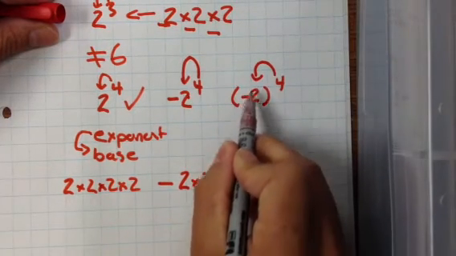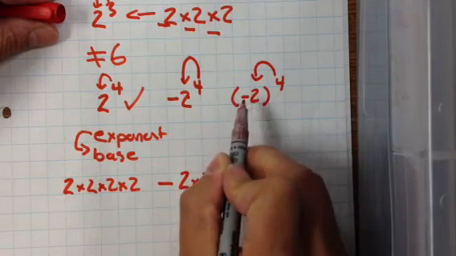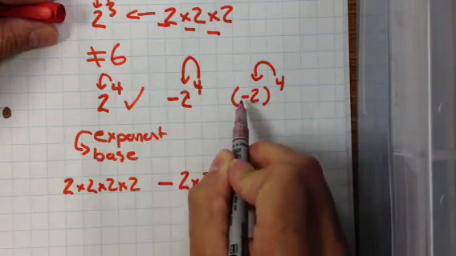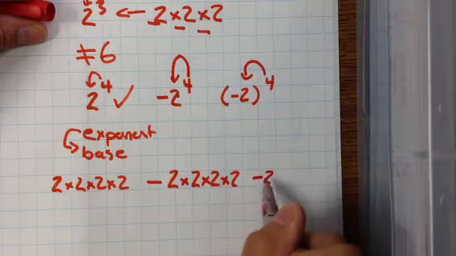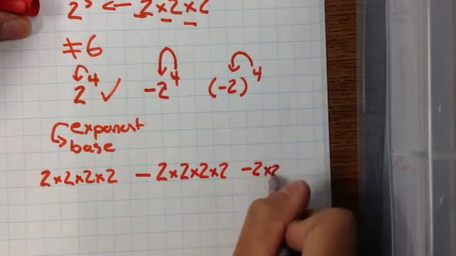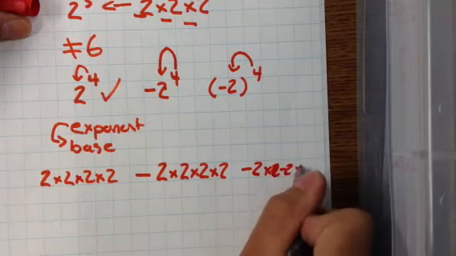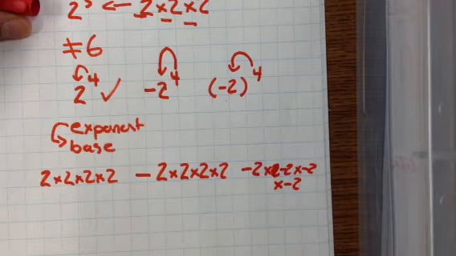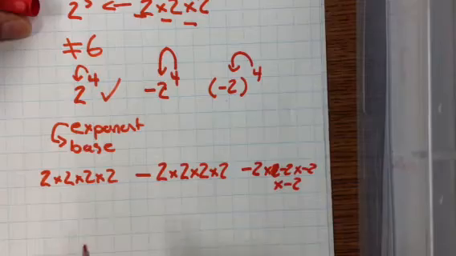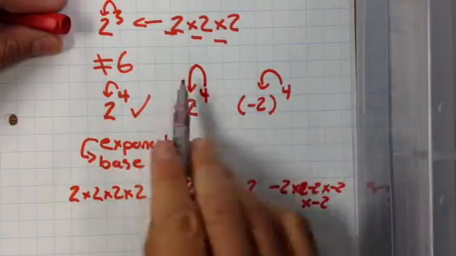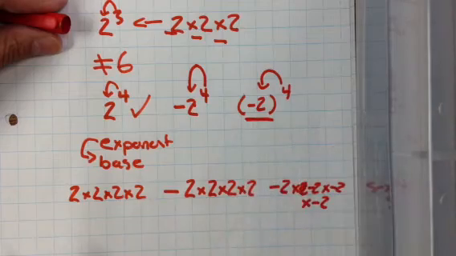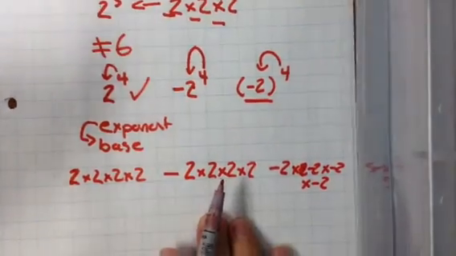But on the last one, the negative is included because they put it in the brackets, and it's saying I have 4 of everything, including the negative. So this one would be negative 2 times negative 2 times negative 2, and one more. So that's the difference. You have to be really careful and ask yourself, what is the base? And the way to remember this is, if they put brackets, they're telling you to include everything. So that's the first part.